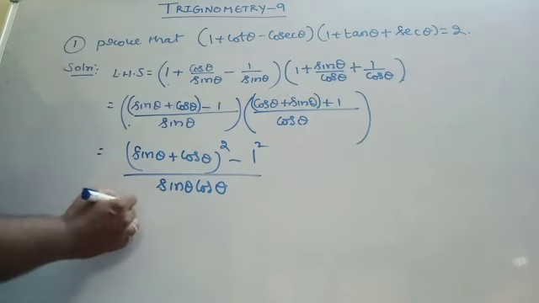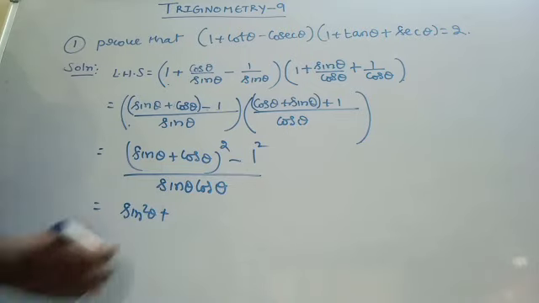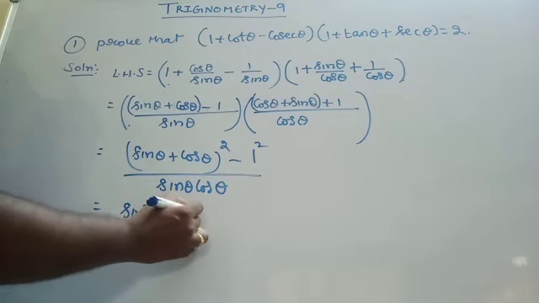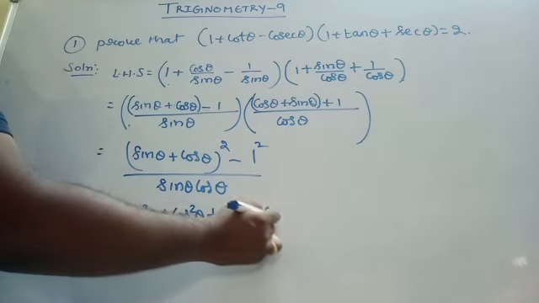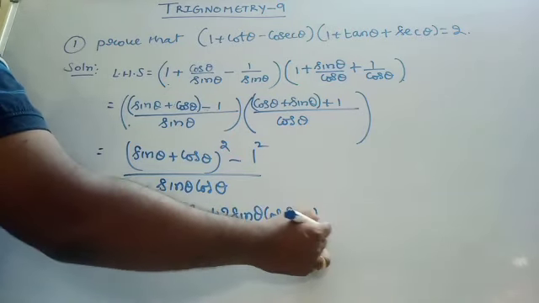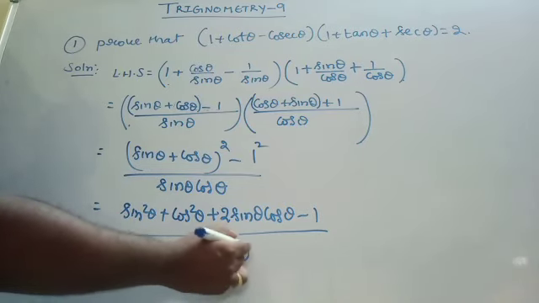Now by the (a + b)² formula, we get sin² θ + cos² θ + 2 sin θ cos θ − 1, all over sin θ cos θ.